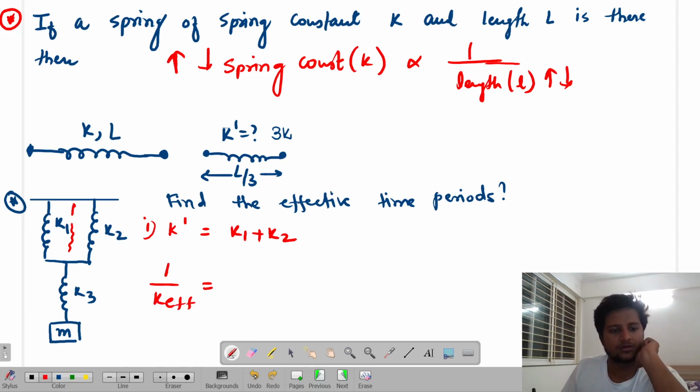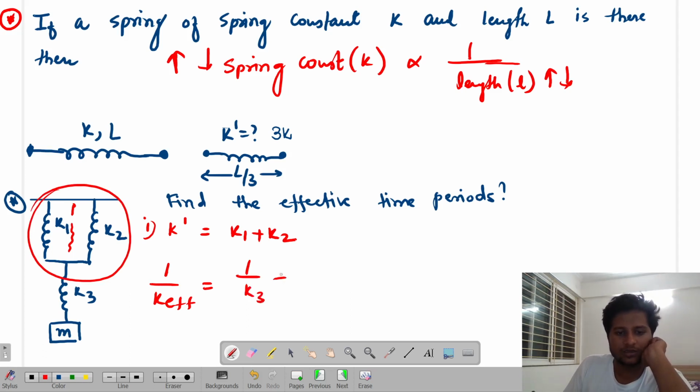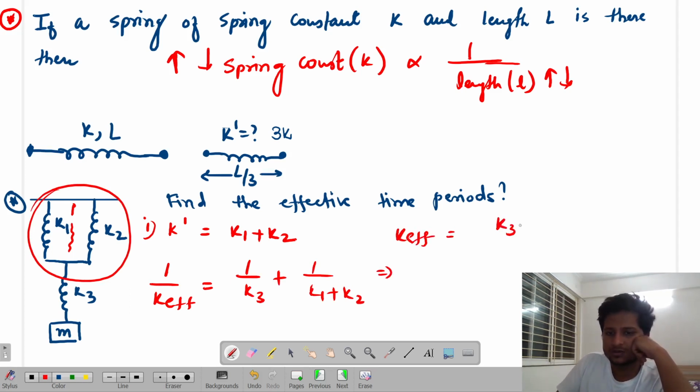The effective K of these two in parallel is in series with K3. So it will be 1 by K3 plus 1 by K1 plus K2. So this implies K effective becomes K3 into K1 plus K2 over K1 plus K2 plus K3. I'm writing it directly.